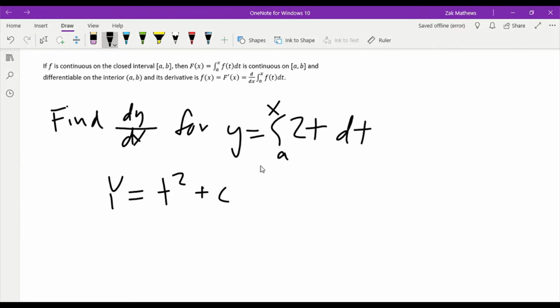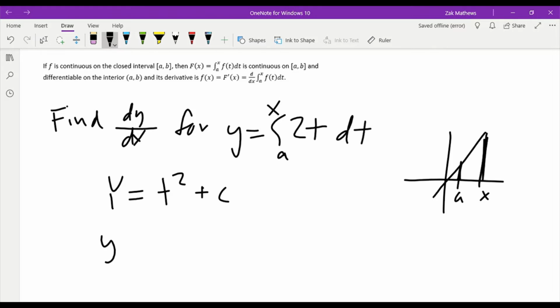So if I'm going to evaluate between the a and the x, that means I'm going to have to find out what both of their values are. If I think about this line, I know what the line looks like. We want to know the area underneath between some value a and some value x. So I need to find the value at x and subtract off the value at a.